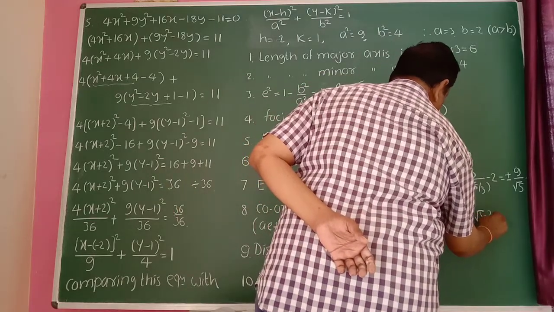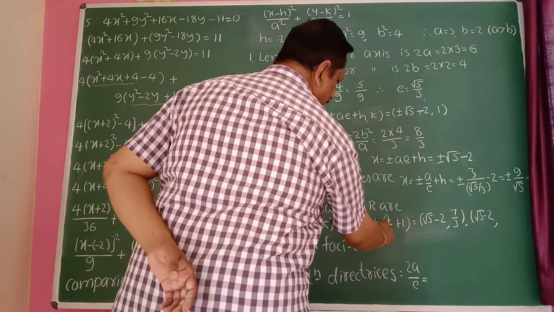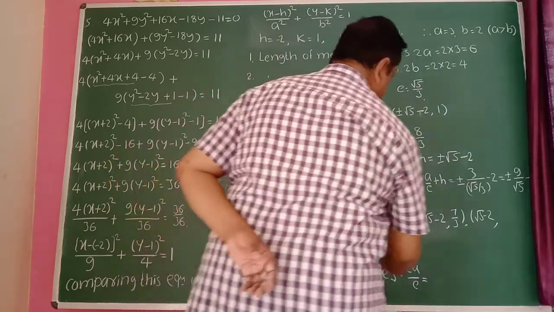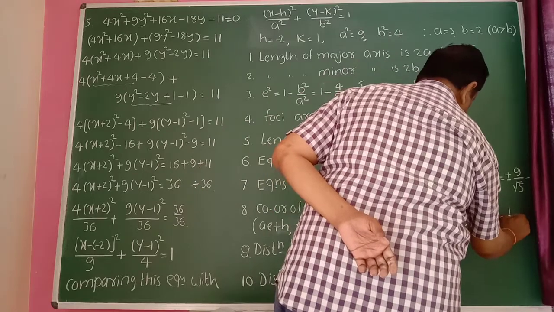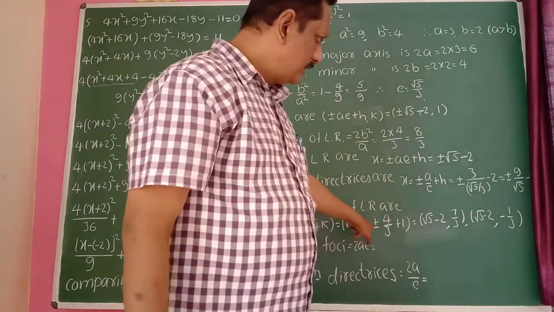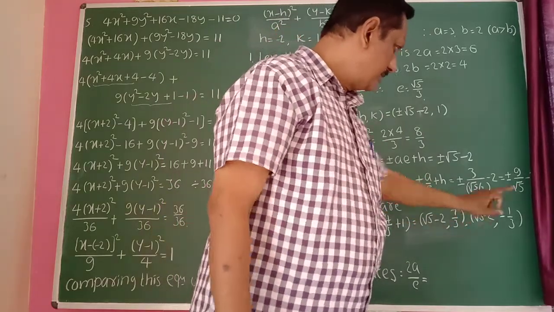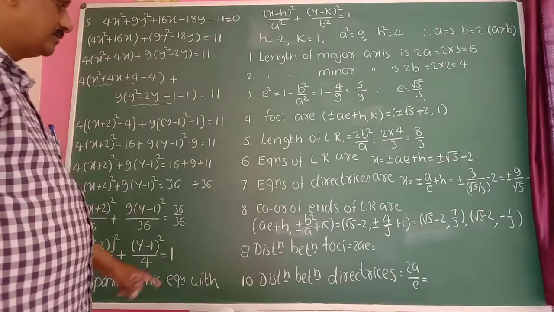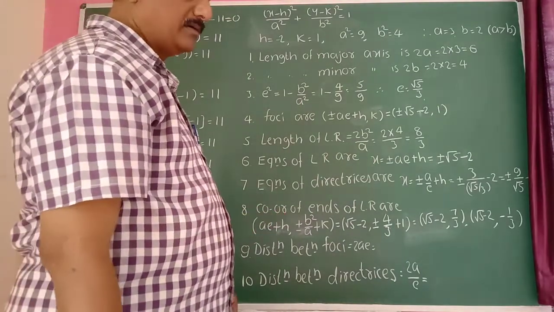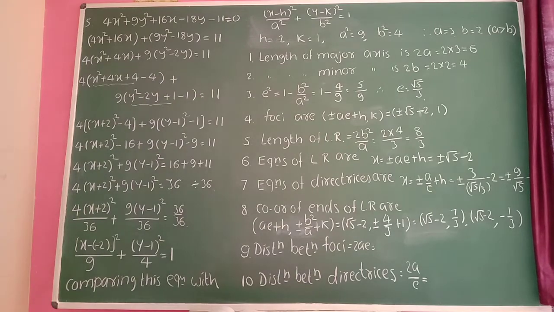Take a minus sign: 3 ones are 3, minus 4 plus 3 becomes minus 1, so minus 1 divided by 3. If you take a plus sign we get 7 by 3, and if you take a minus sign we get minus 1 upon 3. So these are one pair of ends of the latus rectum.